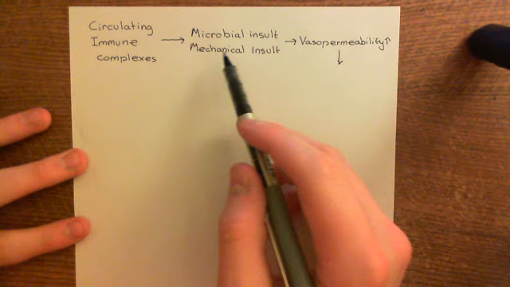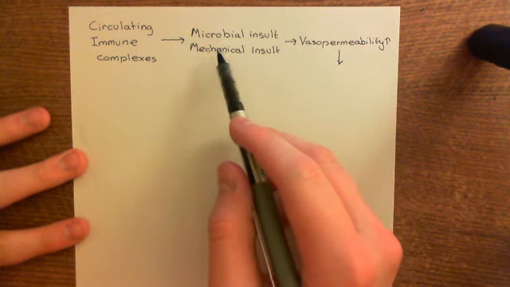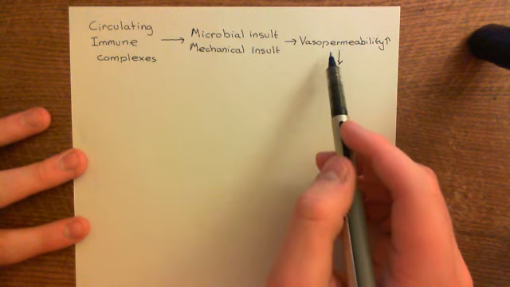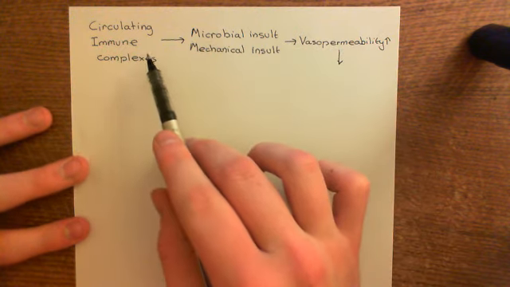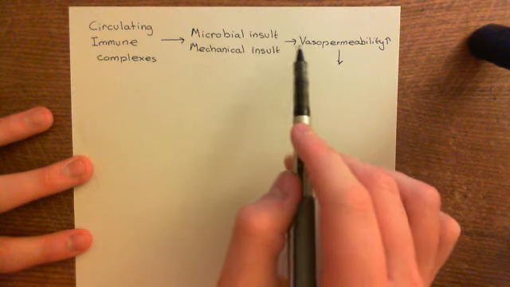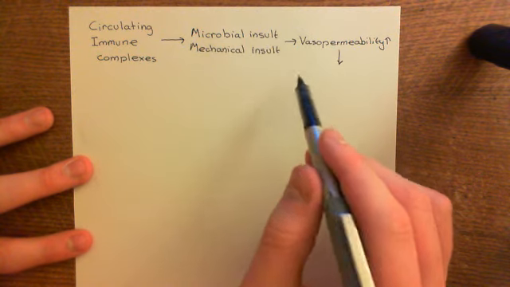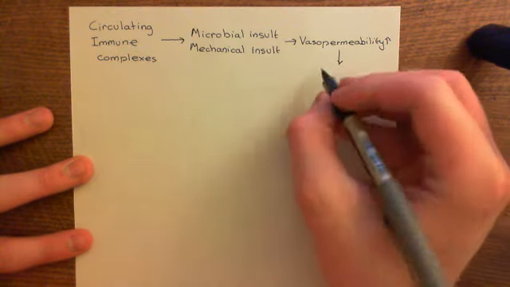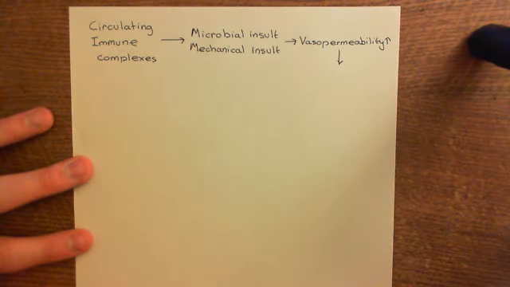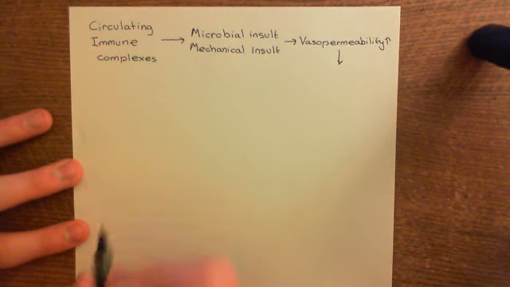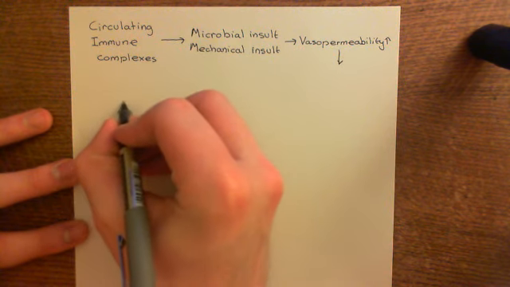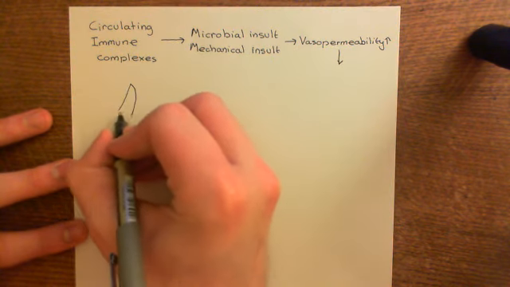And one way that this may happen is that you may get microbial insult or mechanical insult, which leads to an increase in vasopermeability, which allows these circulating immune complexes to leave the blood, go into the interstitial fluid, and then activate receptors on the surface of the sentinel cells that are present within the synovium. Now, which sentinel cells did we see present in the interstitial fluid of the synovium? Well, we saw three. So let's talk about them now.